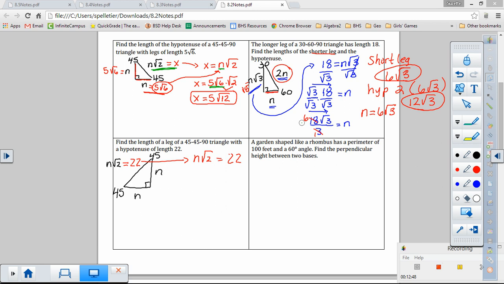In the second example, we labeled all of our sides n, 2n, and n square roots of 3, and this was the only one that had an equal sign, that was an equation, and so that's what we tried to solve. And we're going to do the same thing down here in question number 3. We're going to just look at all 3 of the examples and which one is an equation. So the hypotenuse is our equation. We're going to divide by the square root of 2.